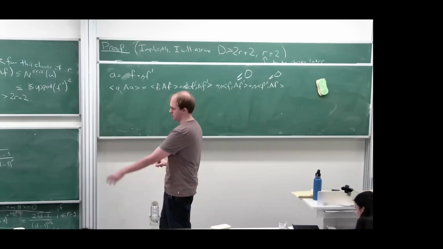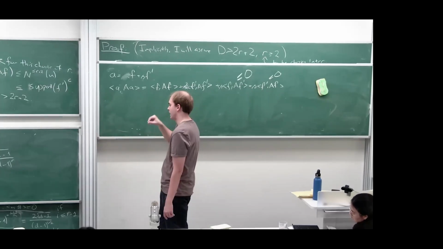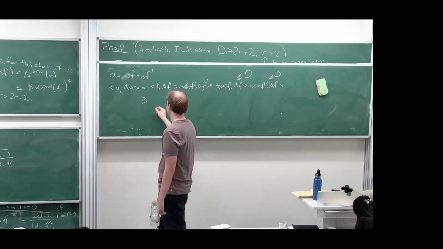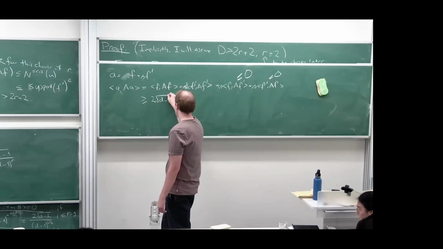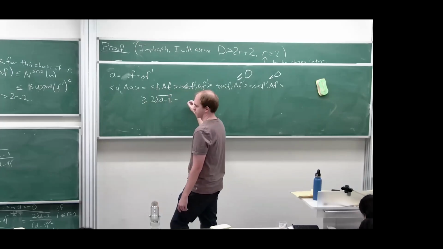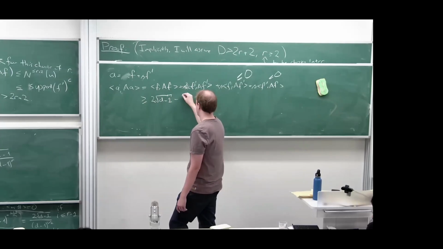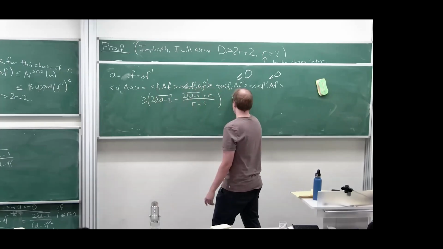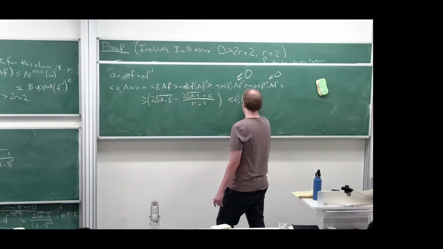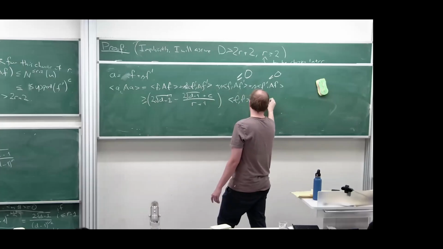But by our observations, these inner products are at least 2 times square root of d minus 1 minus the error term, some constant c divided by r plus 1, times the inner product of f with itself plus beta squared times f prime with itself.